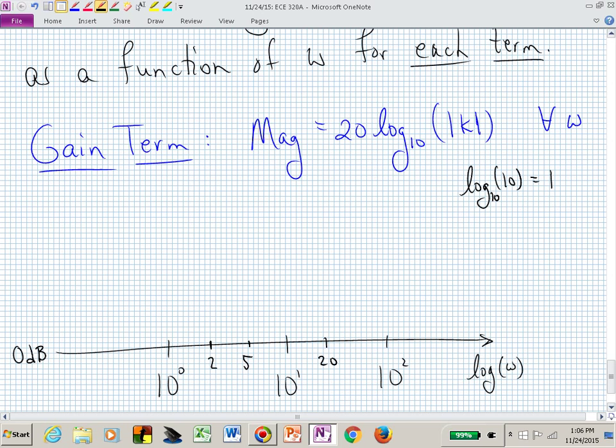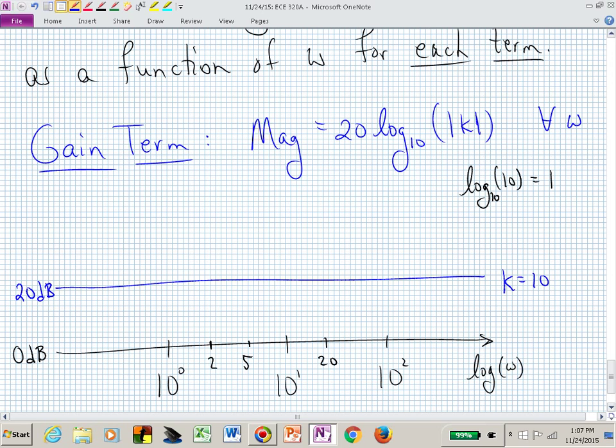Isn't that 1? Because log of 2 was 0.3, so log of 5 was 0.7. Log of 10 is 1. So now we just scale 1 by 20, and now if we had a gain of K equal to 10, this would be 20 dB, and you would just draw that with your ruler, just a flat line.